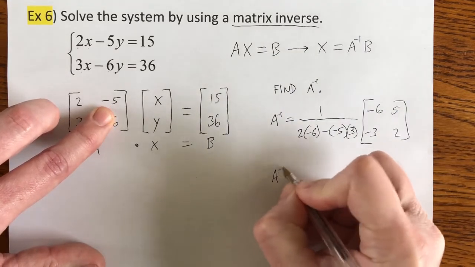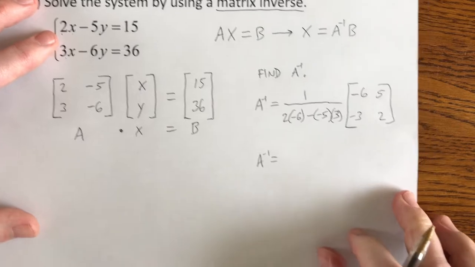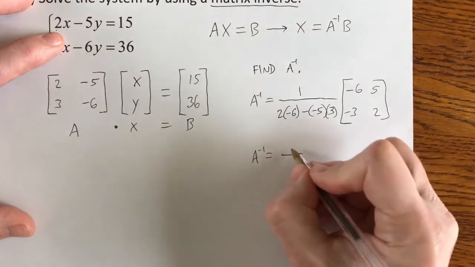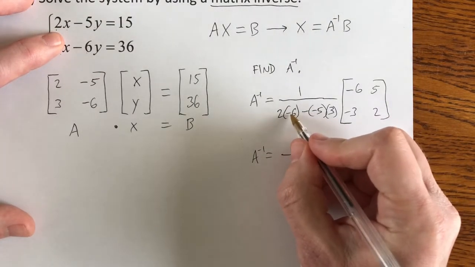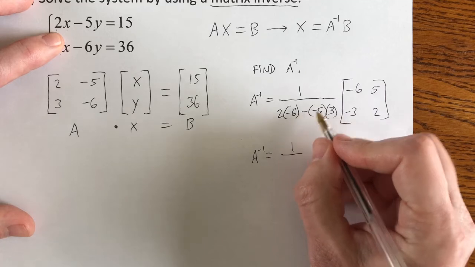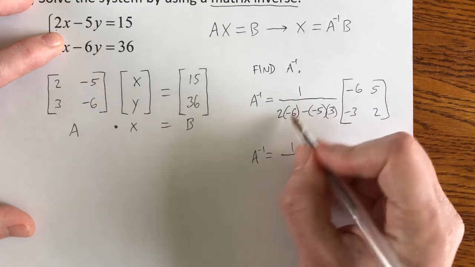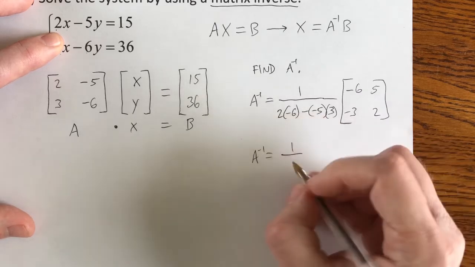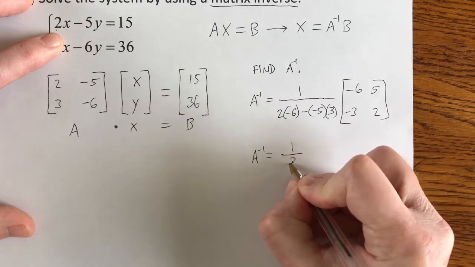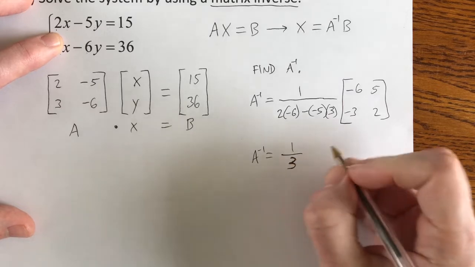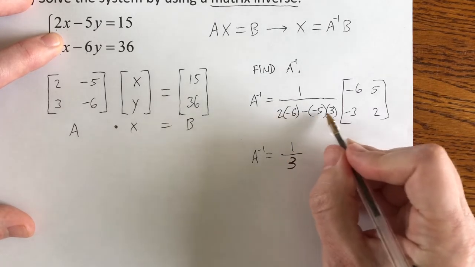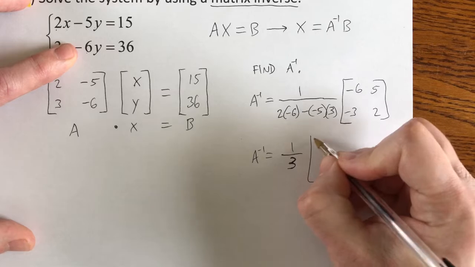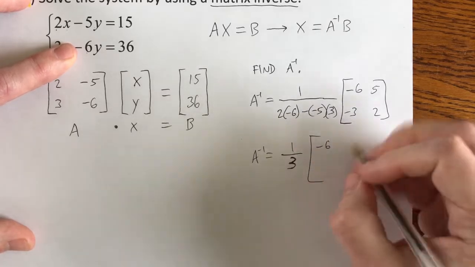So A inverse then is going to be equal to what? Well, let's see. This is going to be negative 12 plus 15, which is 3. And again, this is just scalar multiplication.